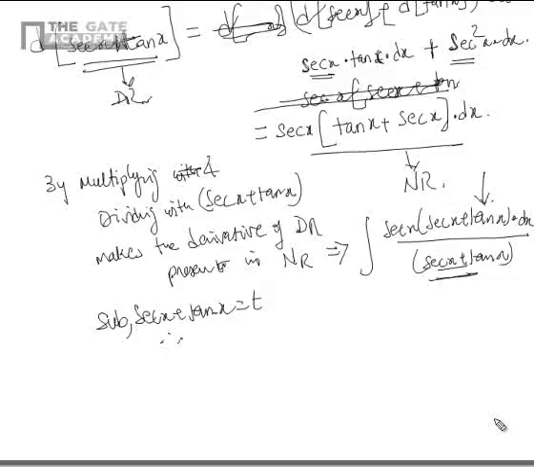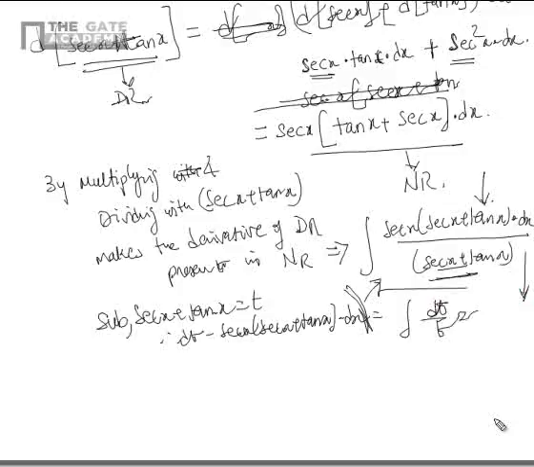Therefore dt will be sec x into sec x plus tan x dx, and the integral becomes dt by t, which is log of mod t plus c.